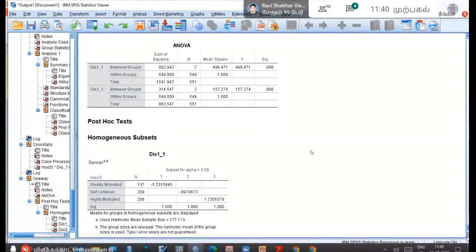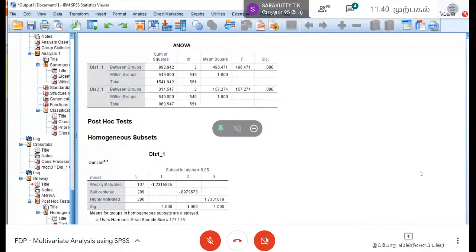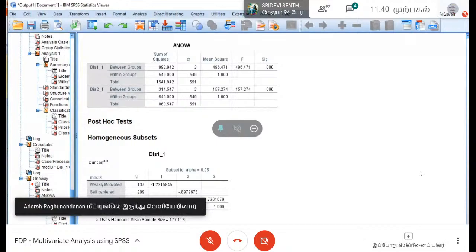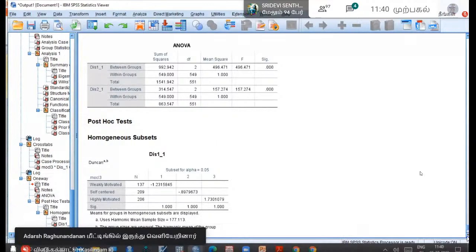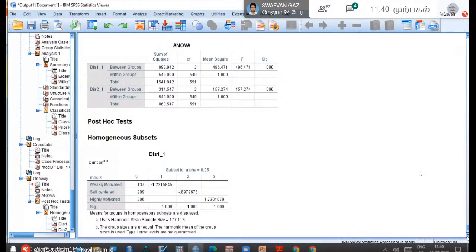Then we have used the classified group plot and the classification summary table. Then in save, you can save the predicted score and we can show the classification. Okay, very good.